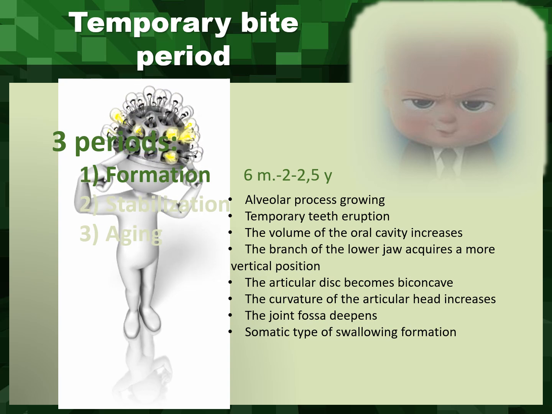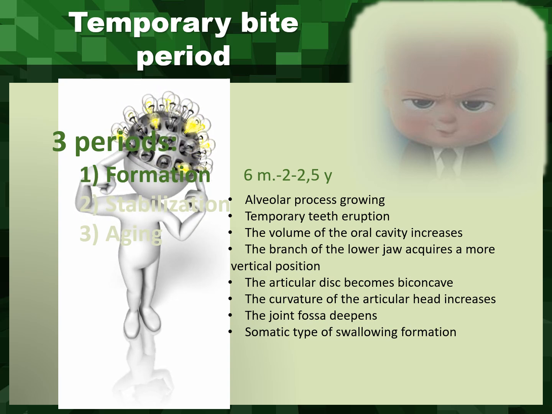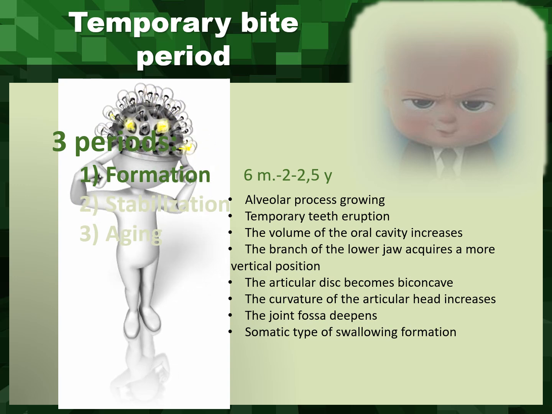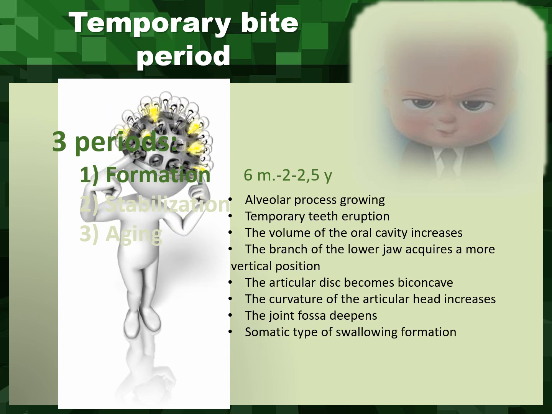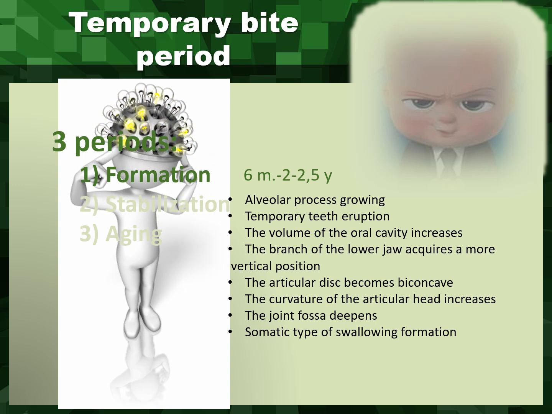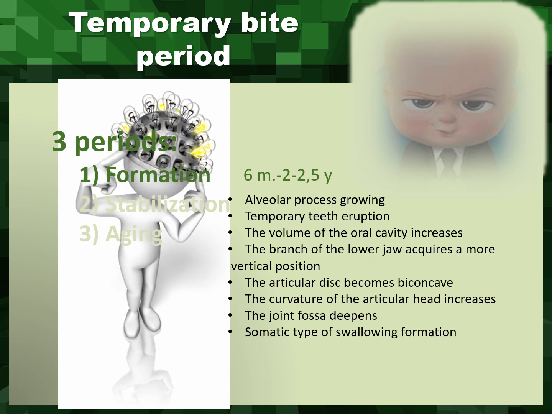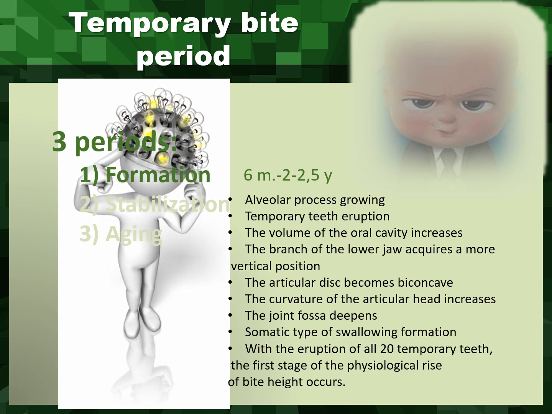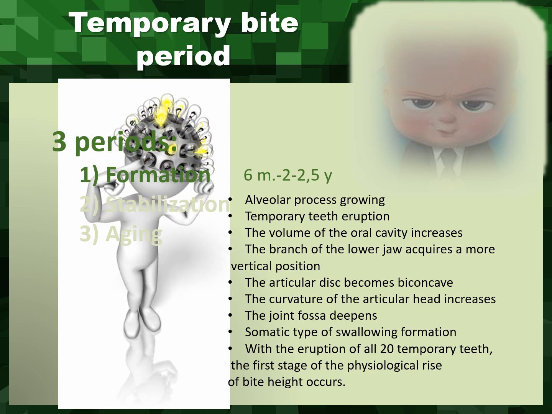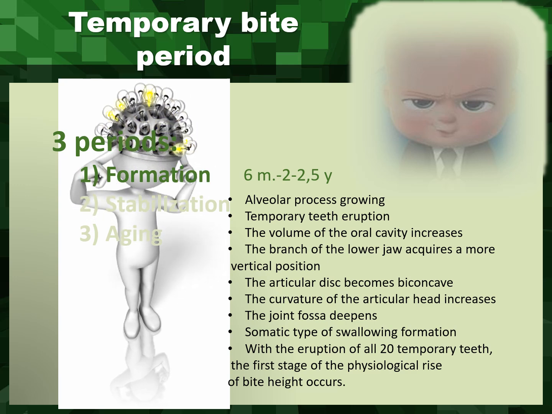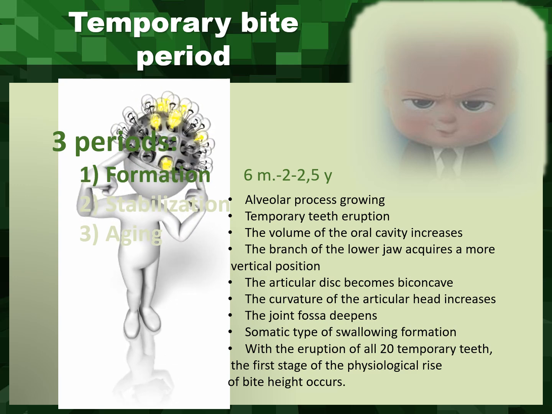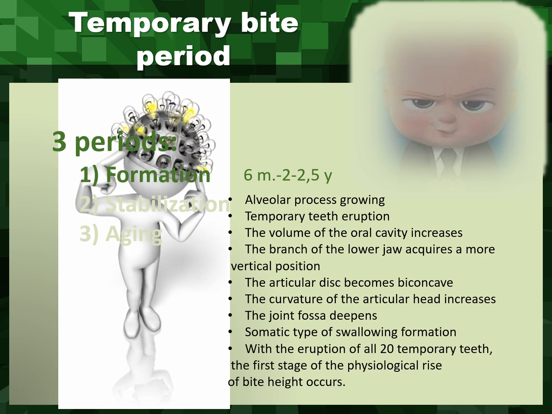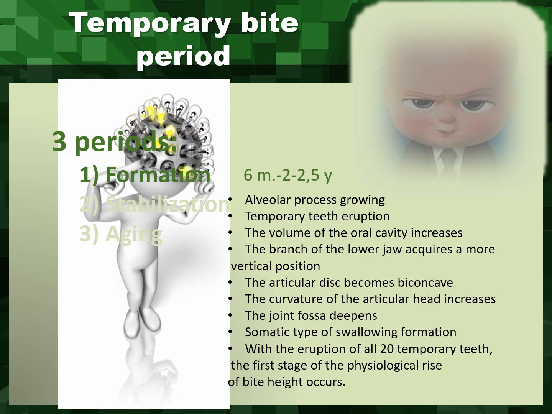But after eruption of teeth, the tip of the tongue pushes into the oral surface of teeth, and it's called the somatic type of swallowing. With the eruption of all 20 temporary teeth, the first stage of the physiological rise of bite height occurs.